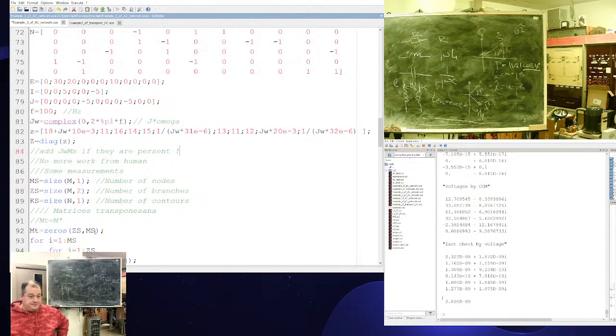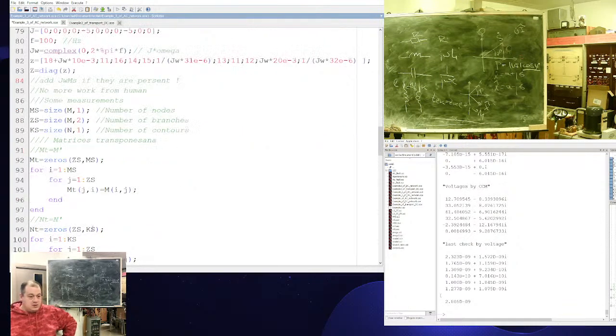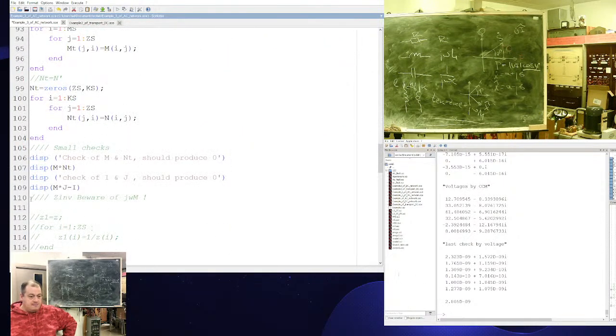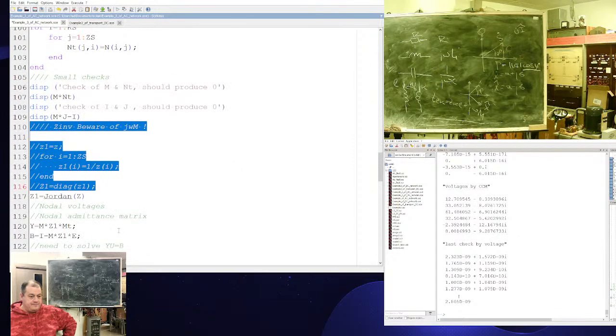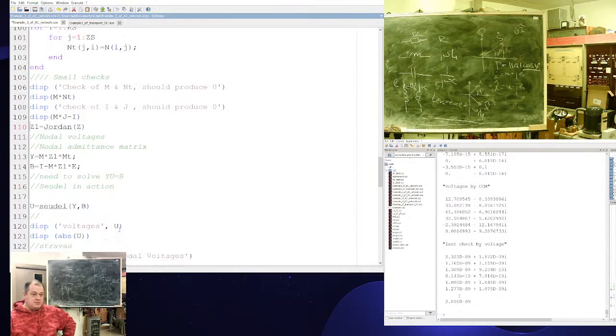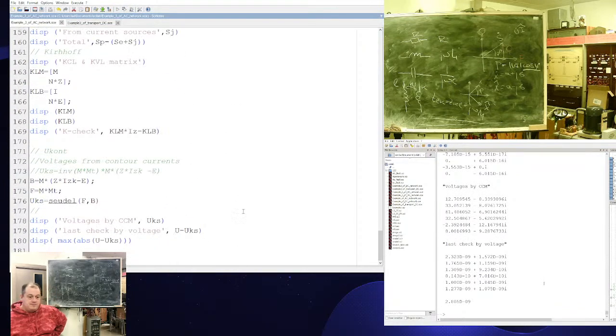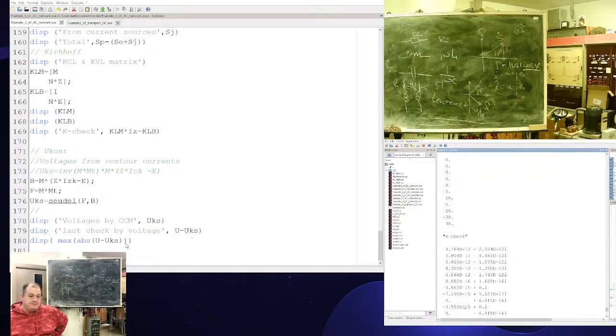Okay, this way is more correct. I put a Jordan inversion inside. Worked? Yes, works fine.